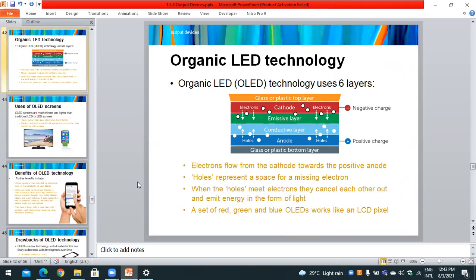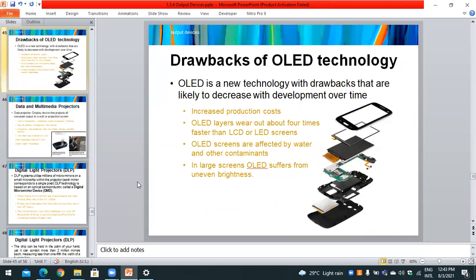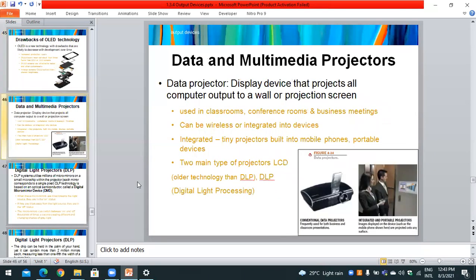There is a part on organic LED, OLED, which you must have covered. The benefits of OLED technology, the drawbacks of OLED technologies. Now we are going for the one which you have asked me.